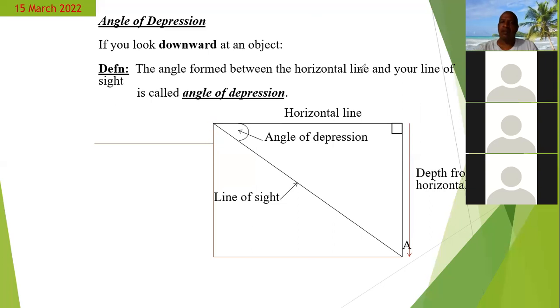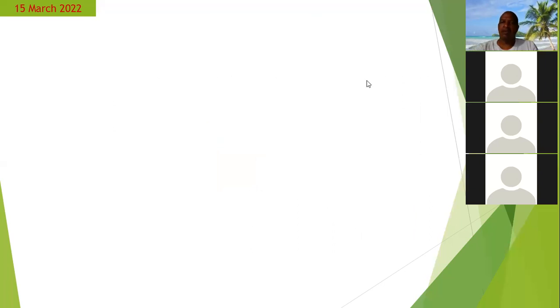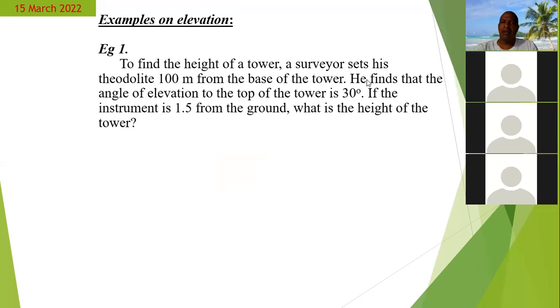Let us see how we can apply what we know. So here we have our first example on elevation. Now, oftentimes the elevation and depression questions generally come in a worded form.